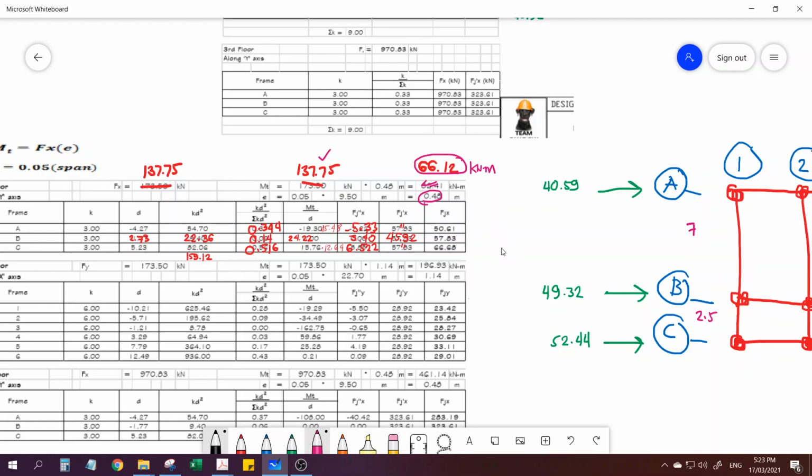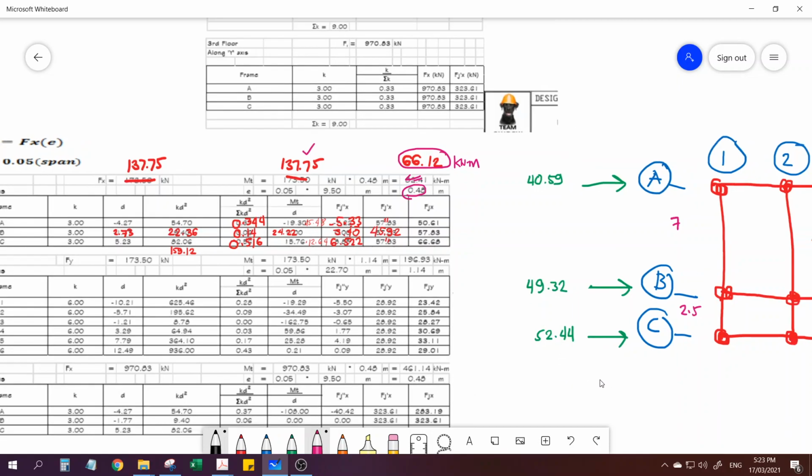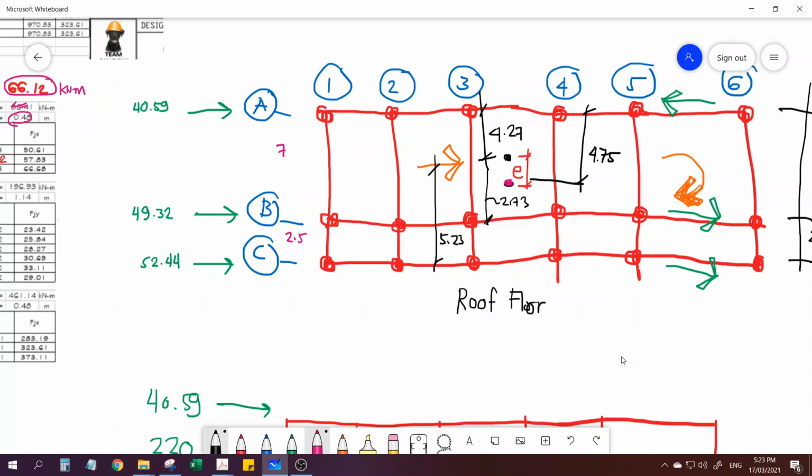So, assume we shift by 0.48 meters from the center. This is the eccentricity 0.48.